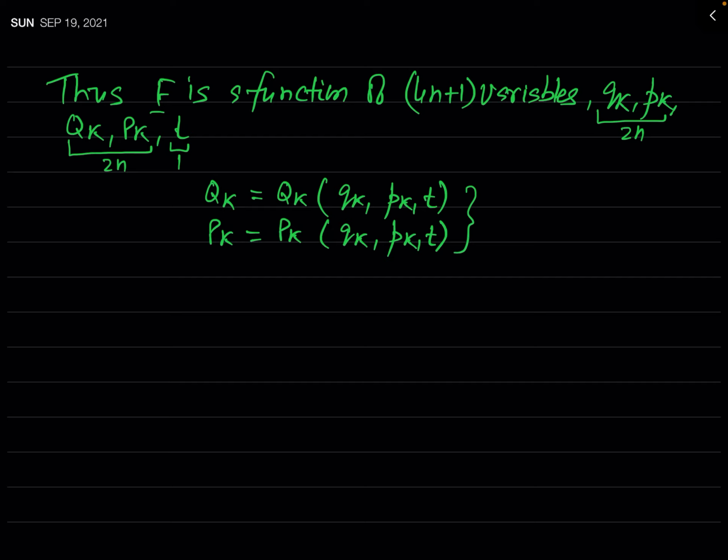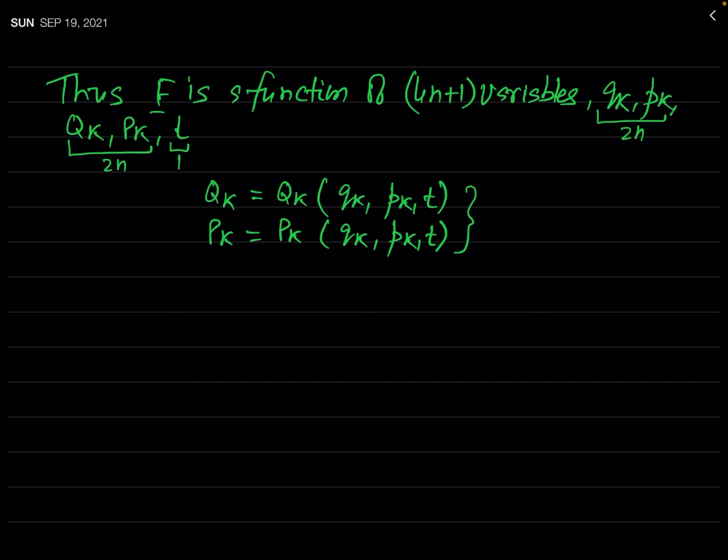So we can say that the two sets of transformation equations defined here, out of 4n variables, there will be only 2n independent variables.